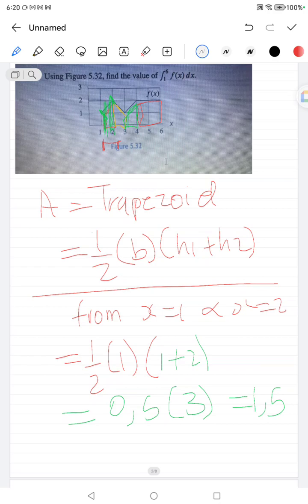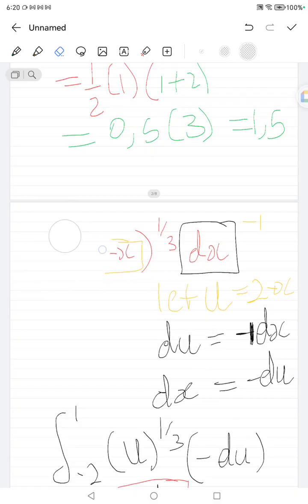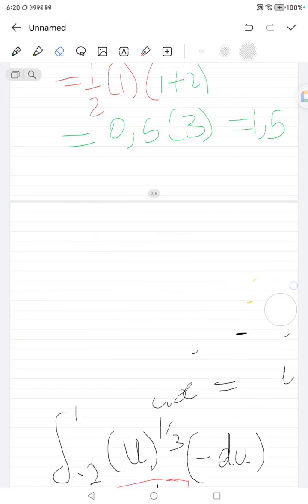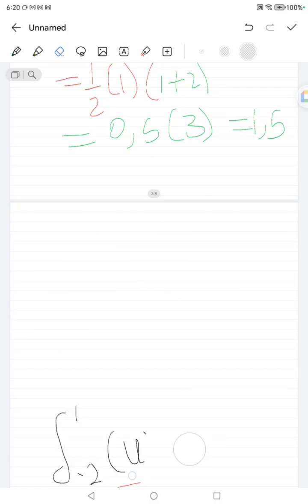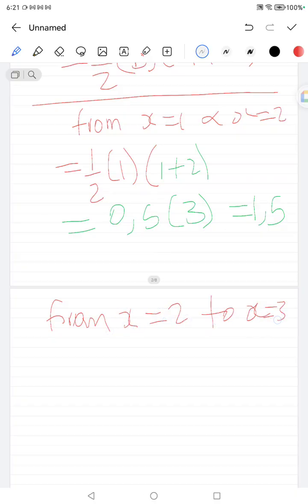We're going to be moving to the next region. Let me quickly erase this one. We're moving from x equals 2 to x equals 3. Then we know the formula is half into your b. You can even use the 2 and 3.